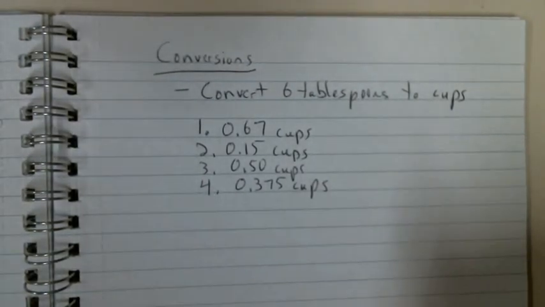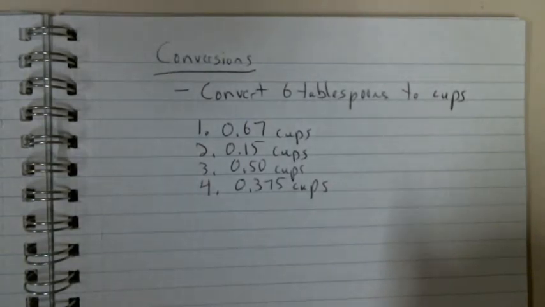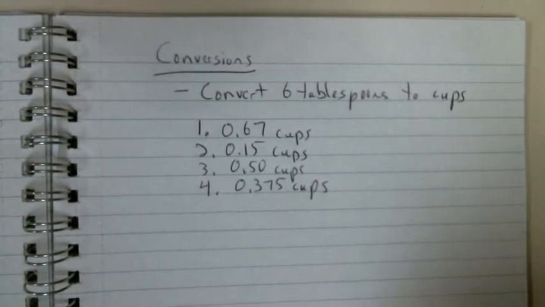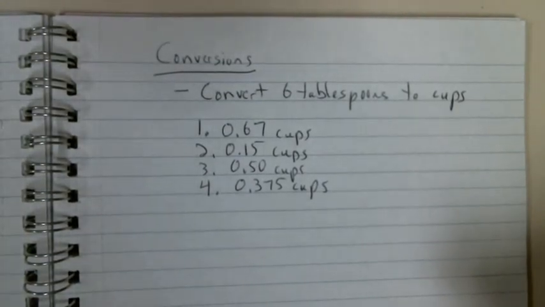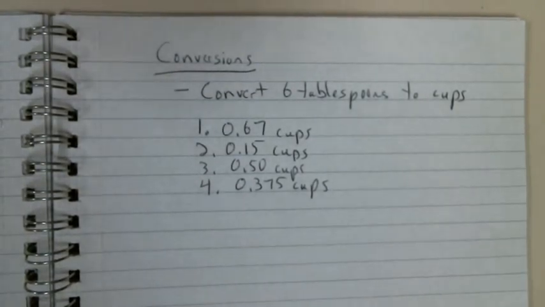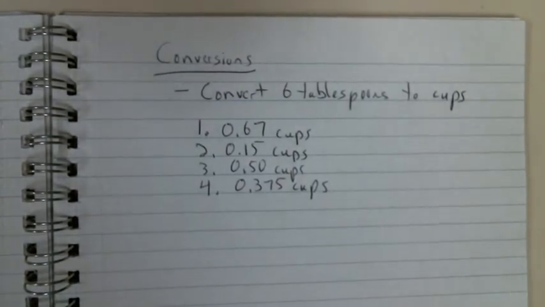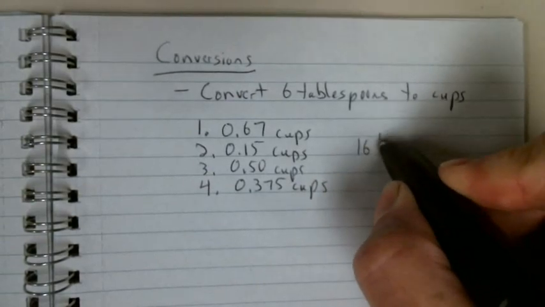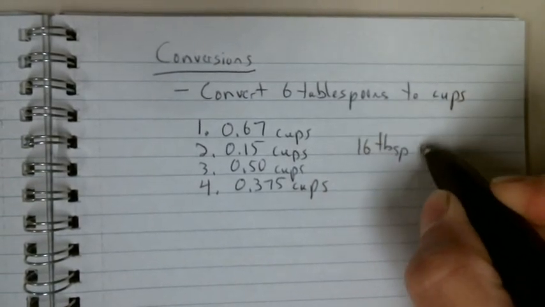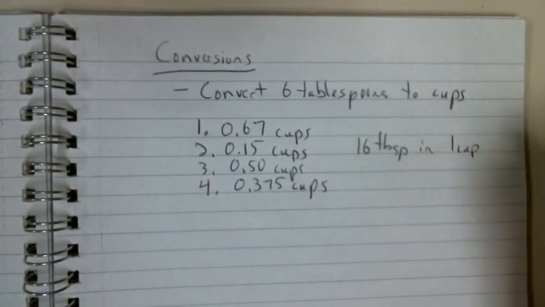There's no way I could do this conversion without Googling and knowing how many tablespoons are in a cup. So I don't actually know that. I just Googled it. Turns out there's 16 tablespoons in 1 cup.